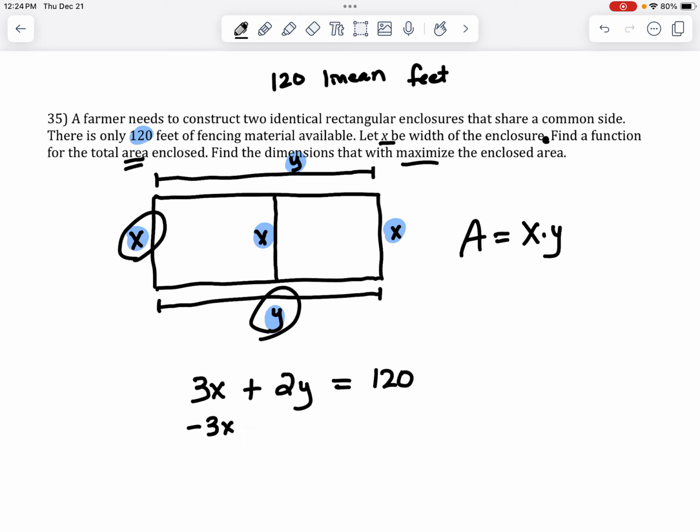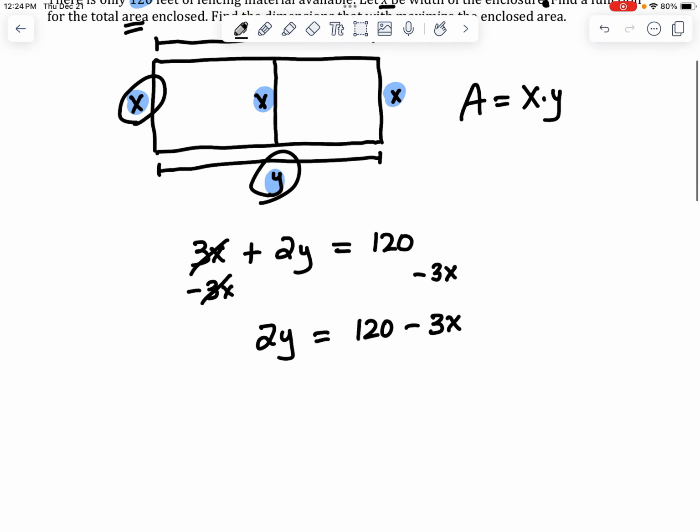Subtract 3x from both sides. So then we would have 2y equals 120 minus 3x. And the next thing to do to solve for y is divide all of the terms by 2. So now y equals 120 divided by 2, that's 60.